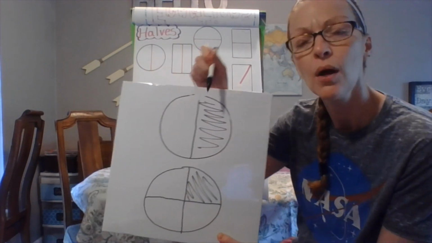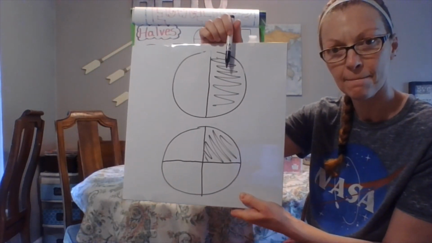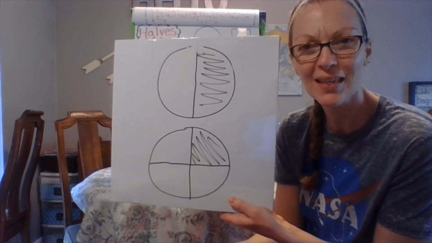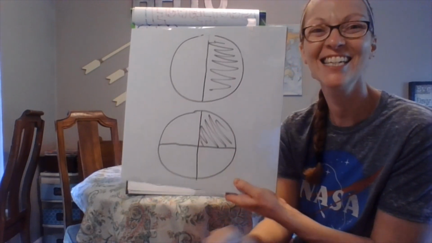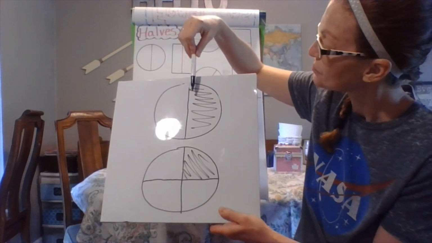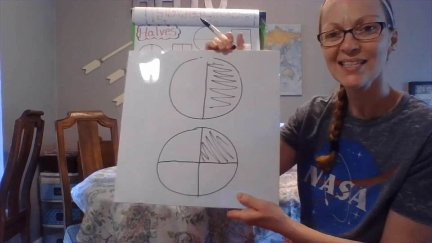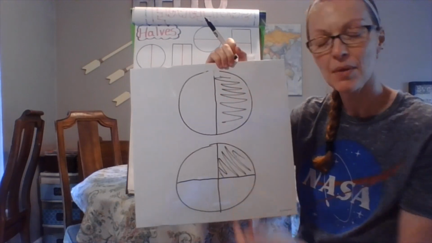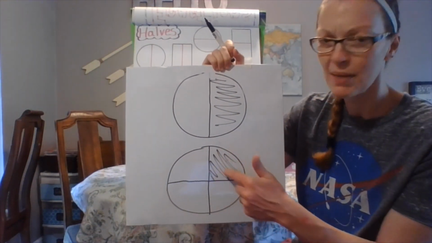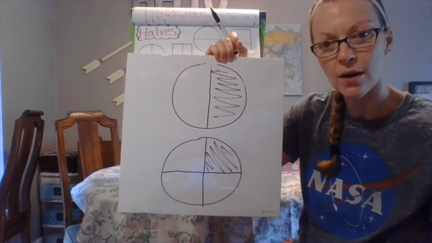Okay, so why would you rather have this one? Who said that? Who said the piece is bigger? Nice job. Okay, so then this one is smaller. So how many sections is this half in? How many parts? 2. How many parts are the quarters? 4.